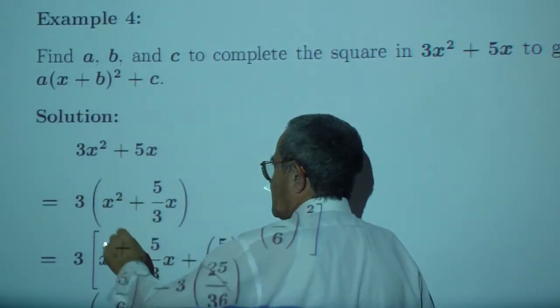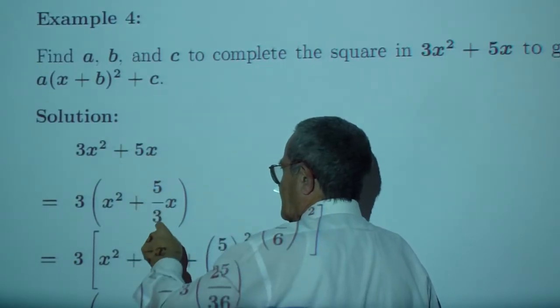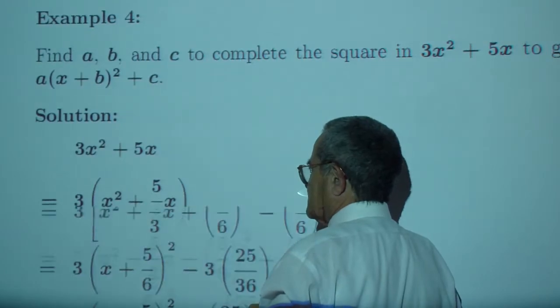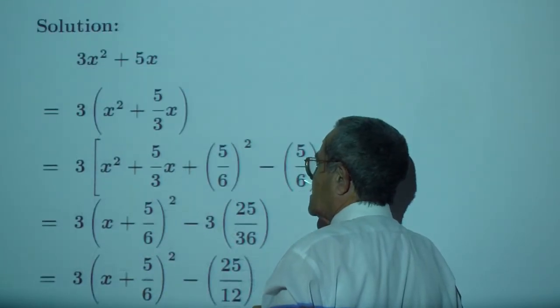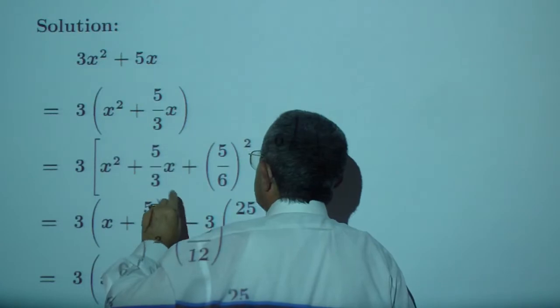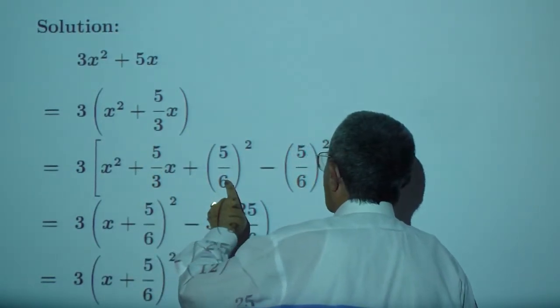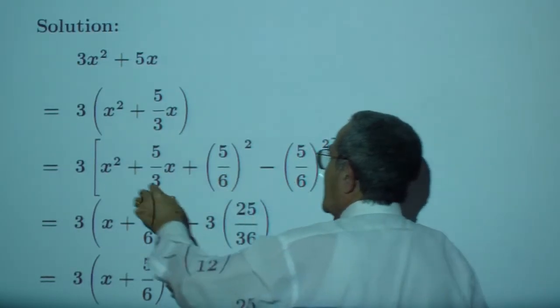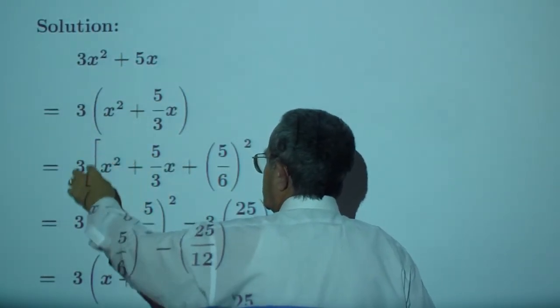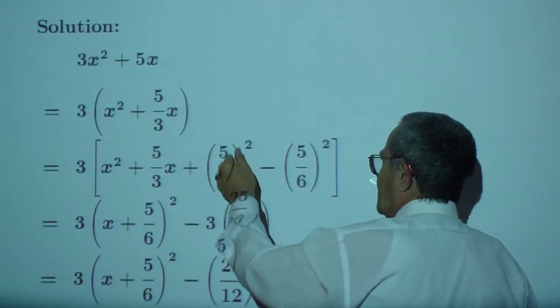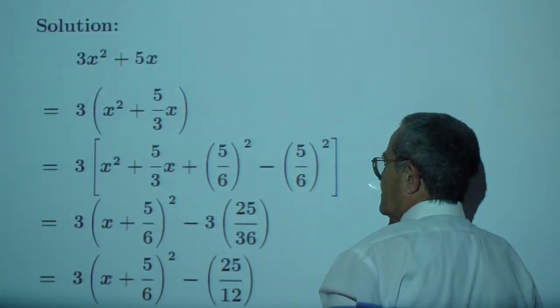Distribute, you get 3x squared. Distribute, you get 3 times 5/3. And 3/3 drops out. You're left with 5/3 times x. You need this number squared to get the constant. So inside the brackets here, I am adding 0 in the form of a number minus the same number.